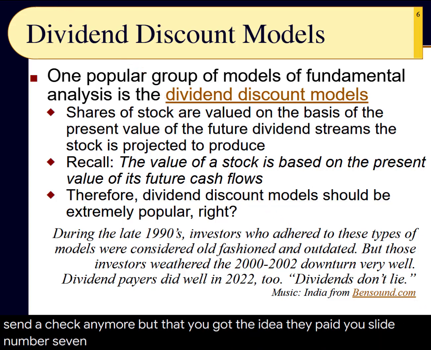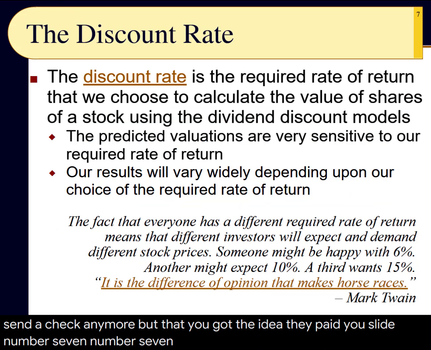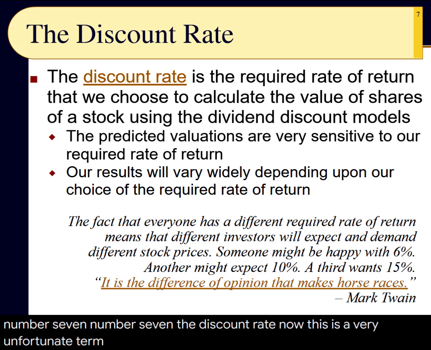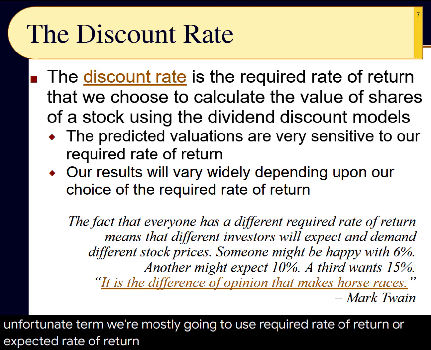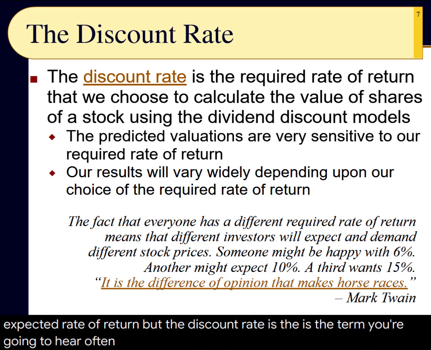Slide number 7. The discount rate. Now, this is a very unfortunate term. We're mostly going to use required rate of return or expected rate of return. But the discount rate is the term you're going to hear often when you get into a group of investors.